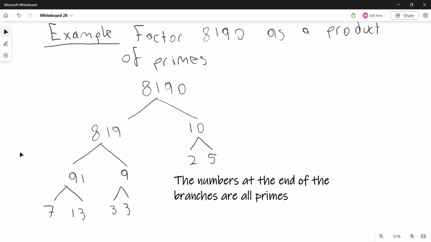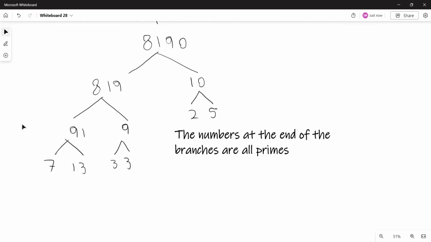And 8,190 as a product of primes: the factorization is unique. We're going to write this in order. That's 2 times 3 times 3 times 5 times 7 times 13.